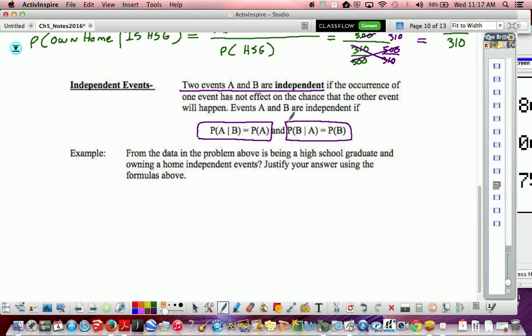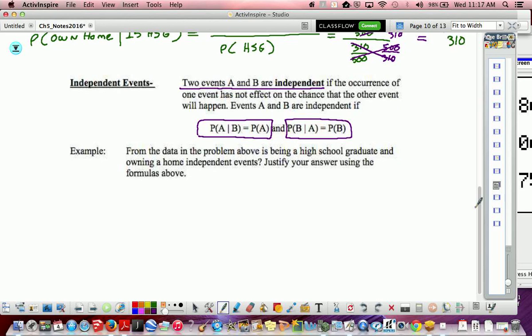So to demonstrate this, the question up here asks, from the data of the problem above, is being a high school graduate and owning a home independent events? Justify your answer using the formulas above. So, I could think about it like this.